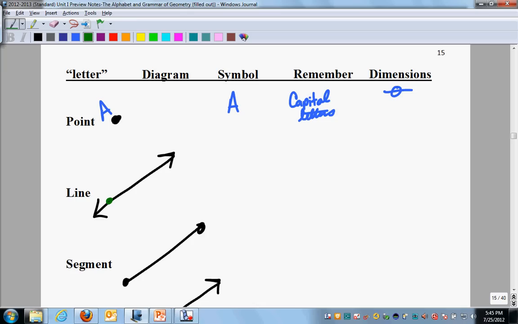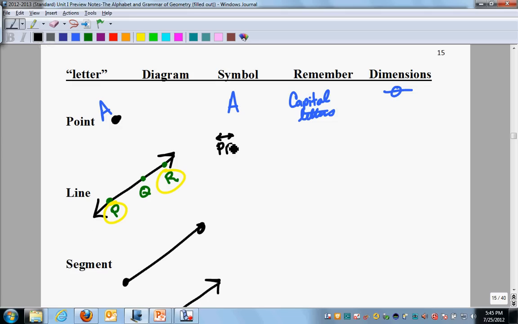Let me give you an example of how we name lines. We name lines by using any 2 letters on the line, just 2 letters. For example, this line I have here, I could call line PQ, or excuse me, PR, with the little arrows.